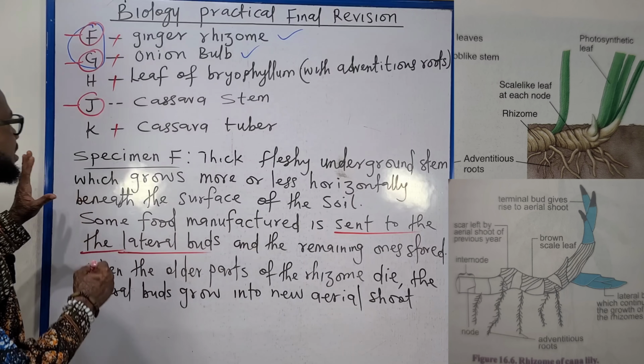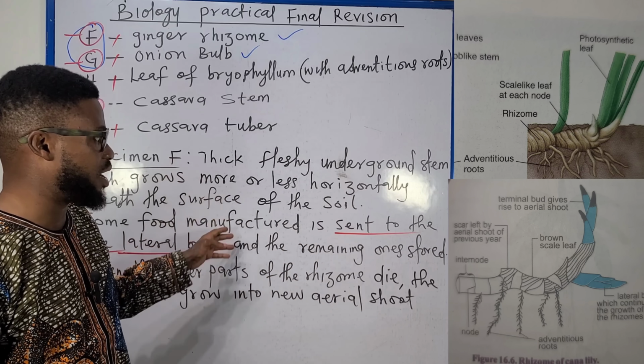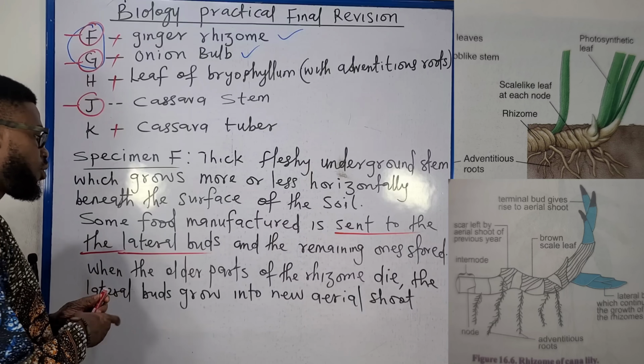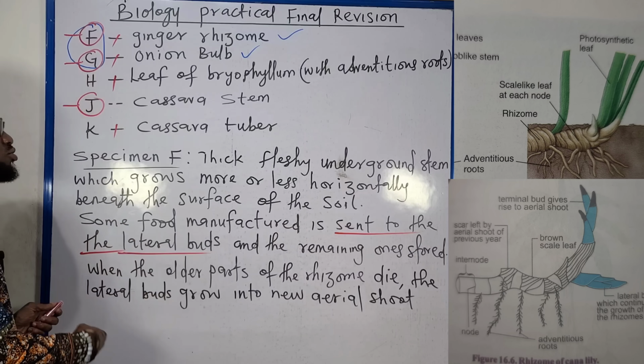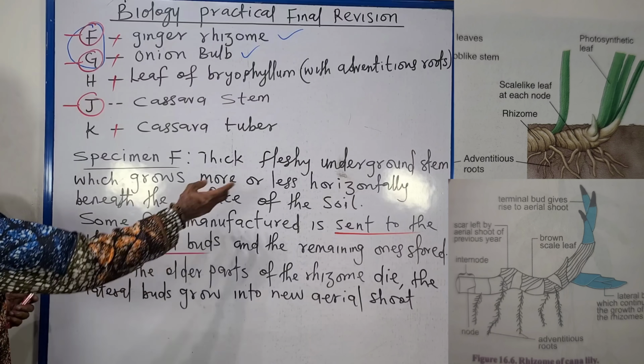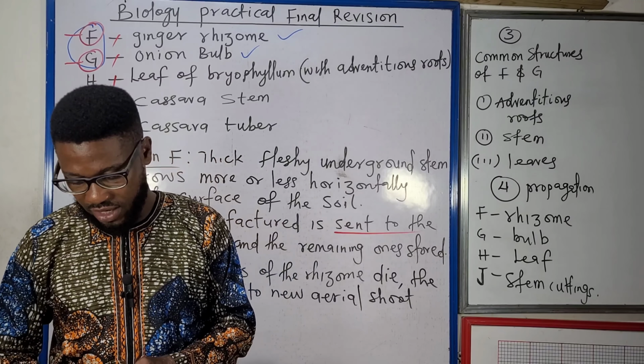That is what is of biological interest. Hence, food is usually being sent to the lateral bud. So that ends specimen F.